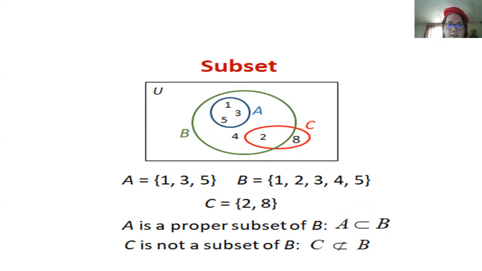Do not forget, set A is a proper subset of B if and only if, first, every element of A is also an element of B. The second condition is B contains at least one element that is not in A. Then it is said that set A is a proper subset of B. I hope you'll be able to get it.